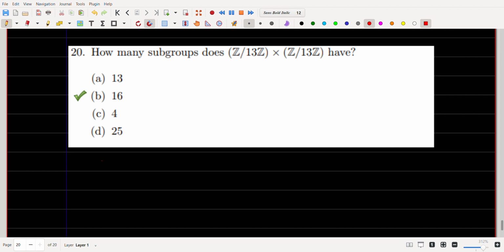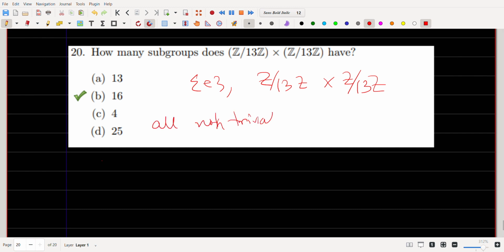Now 20 is the simple one. How many subgroups does Z13 cross Z13 have? So the trivial subgroups are the identity and Z13 cross Z13 itself, right? Now all the non-trivial proper subgroups have order 13.